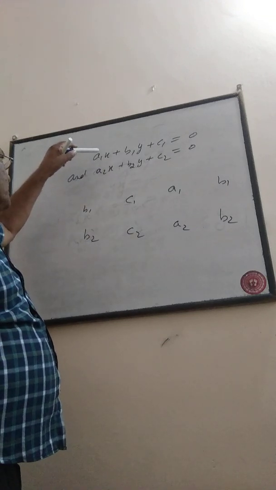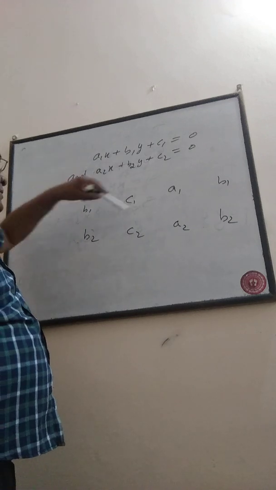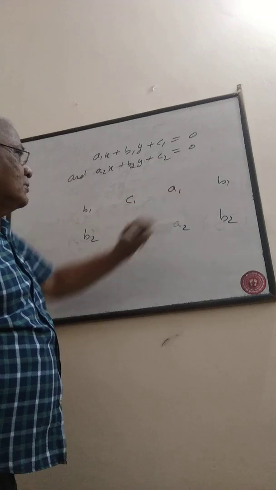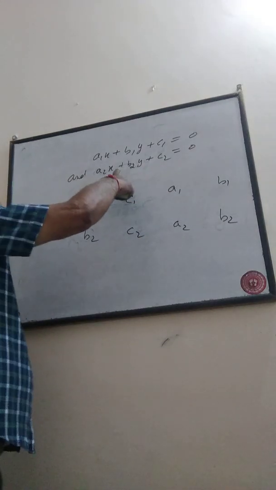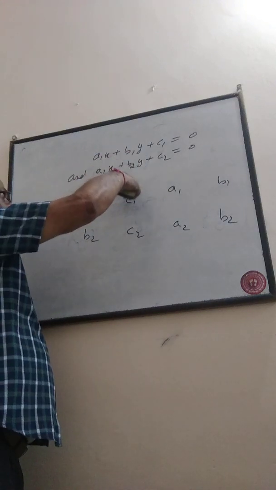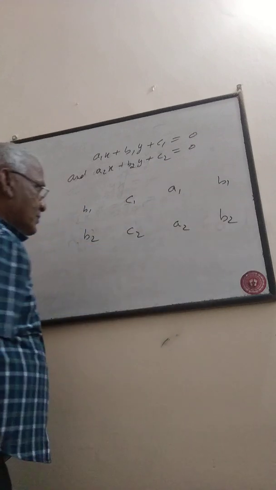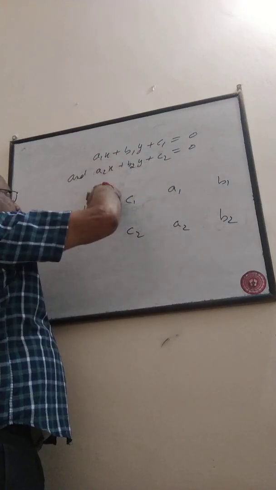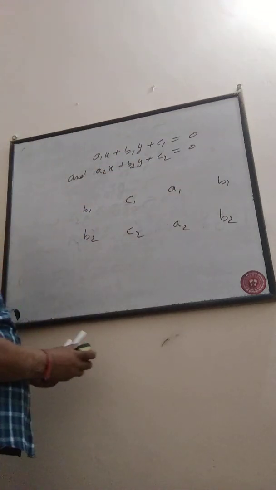Again we write the coefficients of x, a1, a2, and finally b1, b2, the coefficients of y. It means start from the coefficients of y and end at the coefficients of y again: b1, b2, then c1, c2, then a1, a2, and again finally b1, b2.